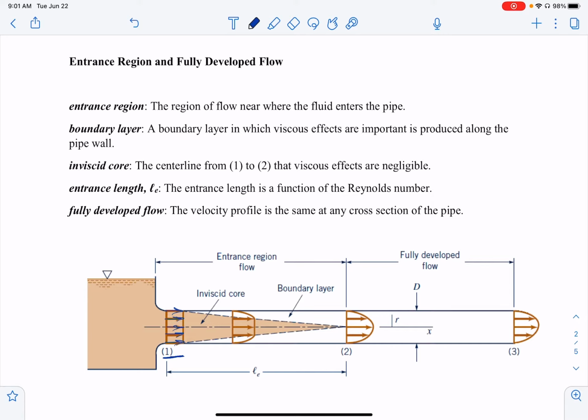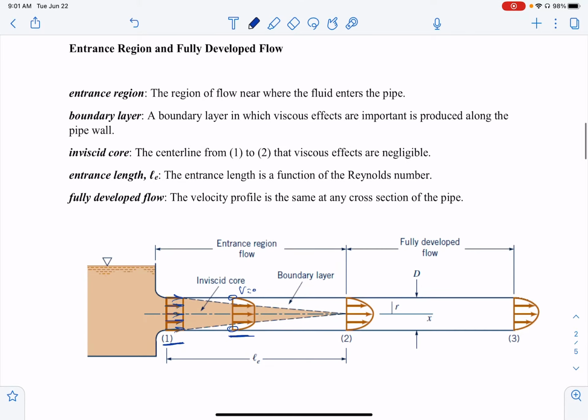But remember I talked about the no slip boundary condition, and we can see it right here. As the fluid moves through the pipe, viscous effects cause it to stick to the pipe. So if you look here and here, the velocity is 0. It means that it sticks to the pipe wall.